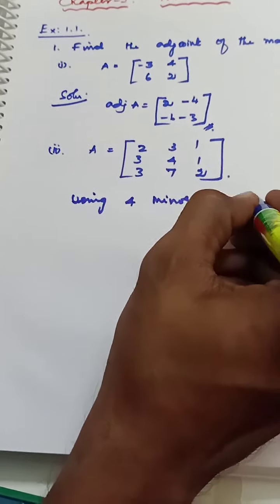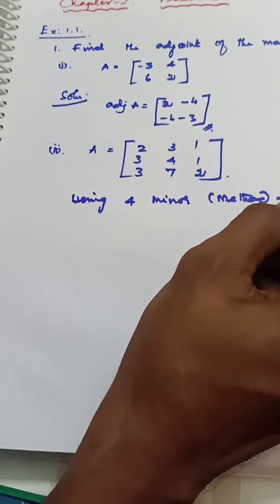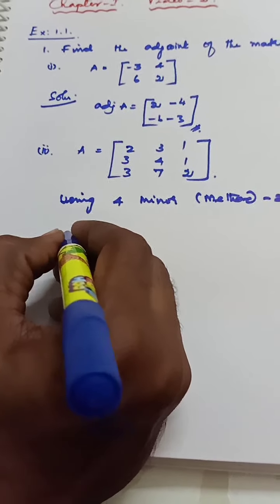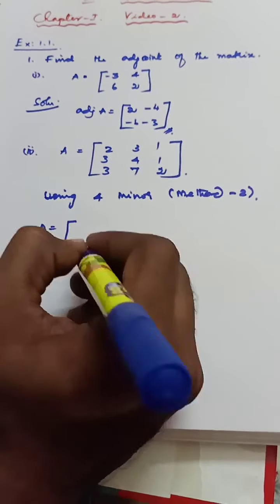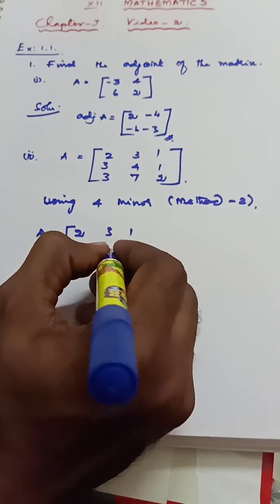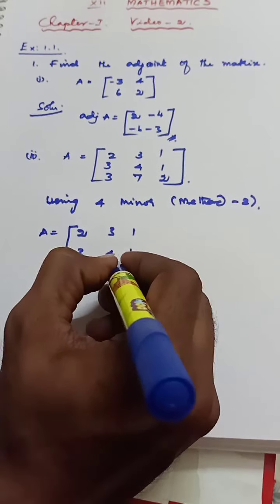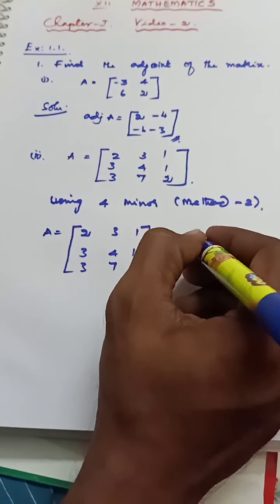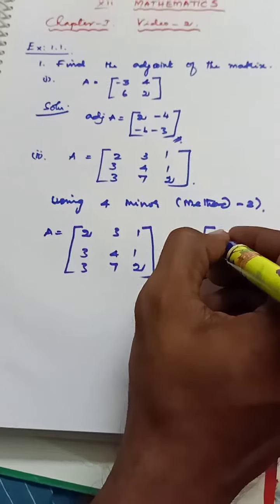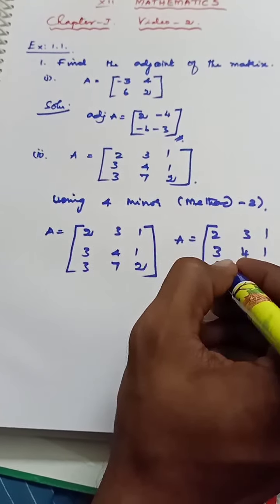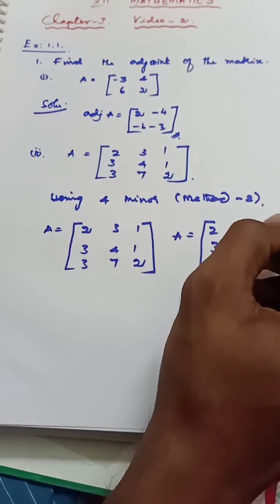Method 2 for your adjoint: you write the matrix 2 times, [2 3 1; 3 4 1; 3 7 2], and again A is [2 3 1; 3 4 1; 3 7 2].